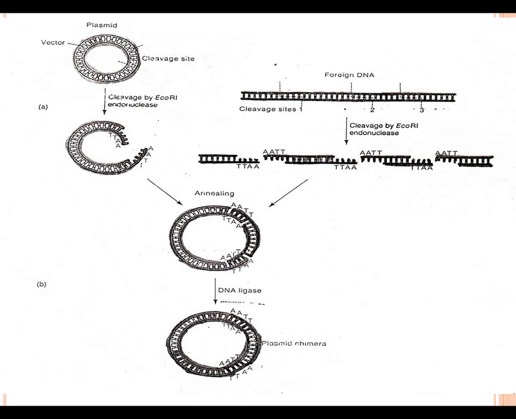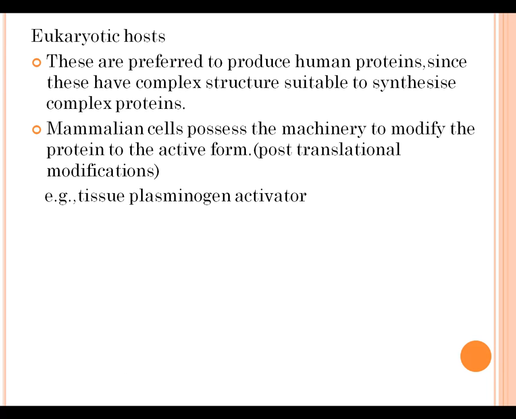Eukaryotic hosts are preferred to produce human proteins since they have complex structures suitable for the synthesis of complex proteins. Mammalian cells possess the machinery to modify proteins to the active form by post-translational modification, for example tissue plasminogen activator.